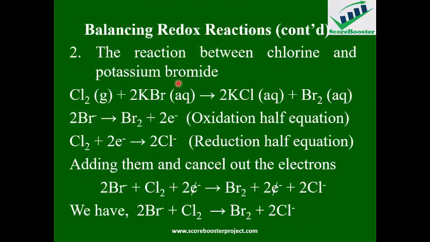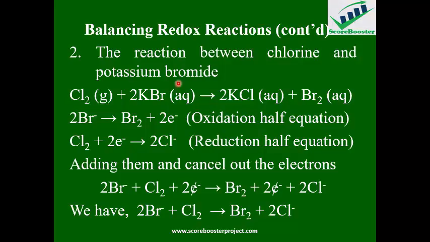That is not difficult. Another example is that second reaction that we talked about, chlorine and potassium bromide. In our potassium bromide, we said that bromine got oxidized in that reaction the first time that we talked about it. So how do we write the half equation?